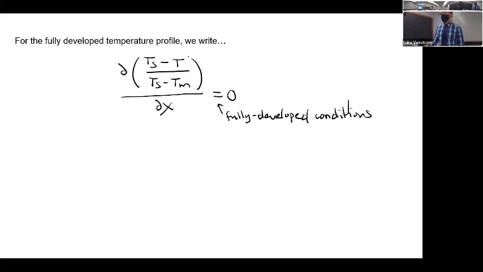You can think about the thing in the parentheses as a dimensionless temperature, because that's what it is.